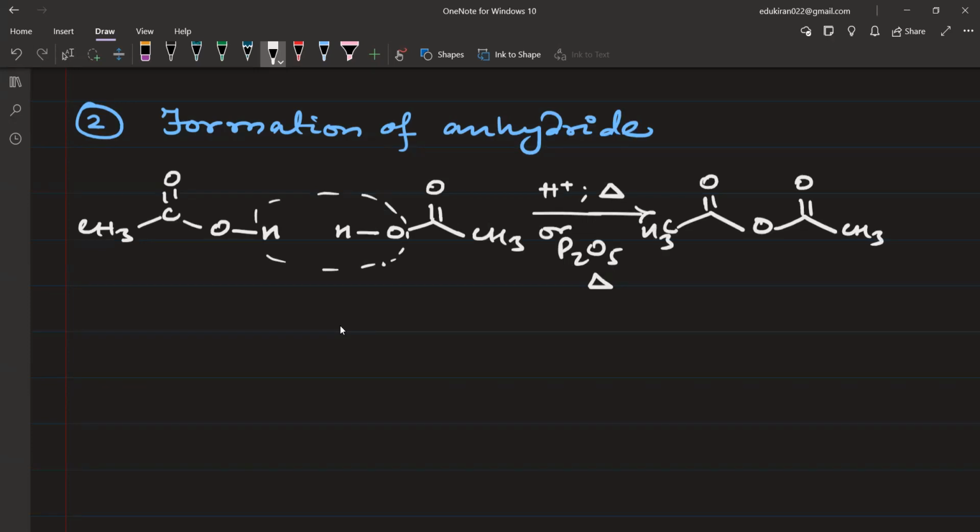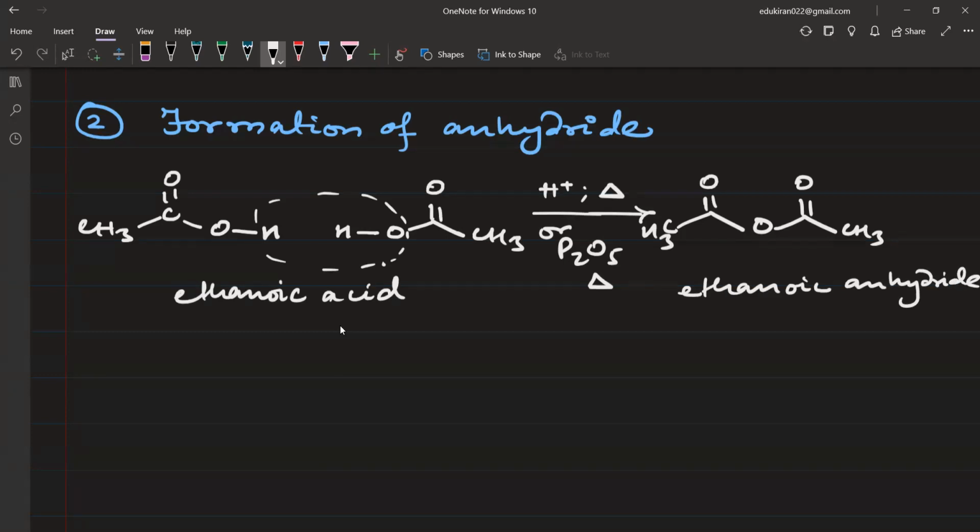This is the anhydride. So this is ethanoic acid से बना है. So this will be known as ethanoic anhydride. ठीक है, आपको पता हो इथेनोइक एसिड को क्या बोलते हैं? एसिटिक एसिड भी, तो इसको क्या बोल सकते हैं? एसिटिक एनहाइड्राइड.